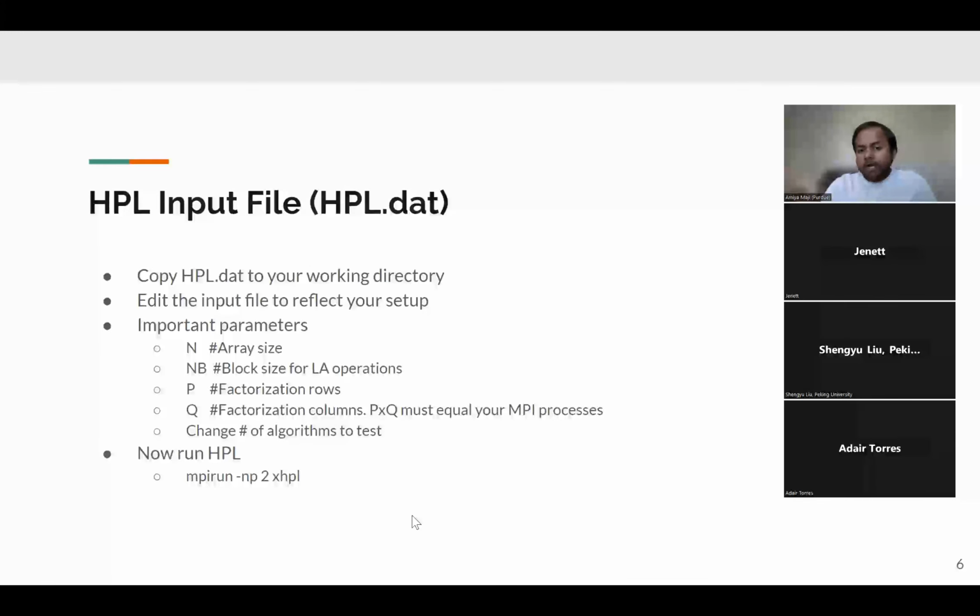Now, the important part about HPL is the HPL input file, right? Because your run is controlled by this input file, which is named hpl.dat. The program will automatically look for this hpl.dat in the same directory where you are running it from, right? What this hpl.dat file does is basically specify probably 10 to 15 different configurations for running this HPL benchmark.